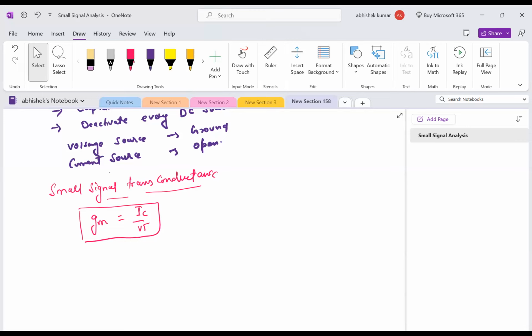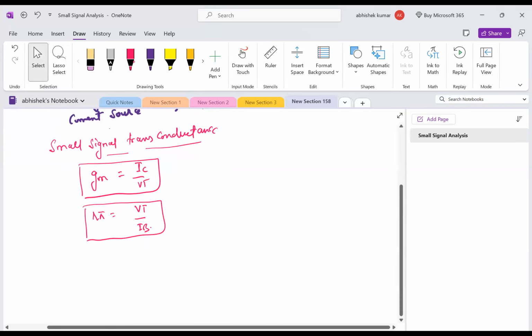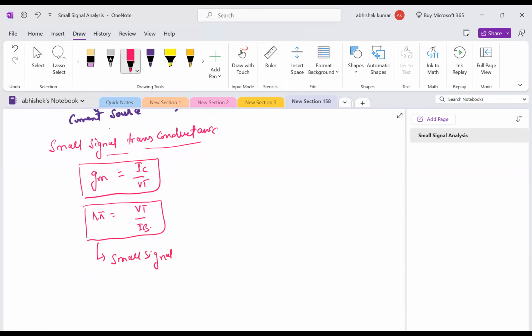In the small signal model of the BJT, we have GM as IC by VT, and we have R pi, that is VT by IB. R pi is the small signal input resistance between base and emitter, looking into the base.